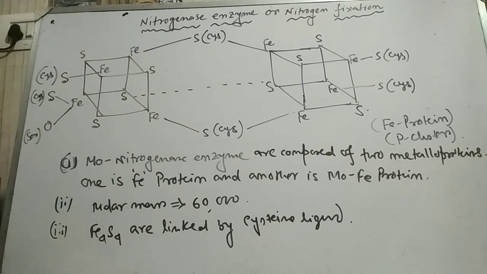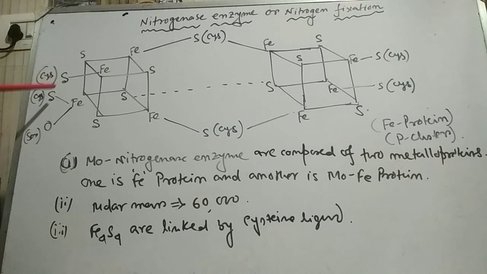Here we have seen that in the iron protein, in one Fe4S4 unit, an iron atom is linked to the sulfur atom of a cysteine amino acid, and another iron atom of the Fe4S4 unit is linked by the sulfur atom of a cysteine amino acid.